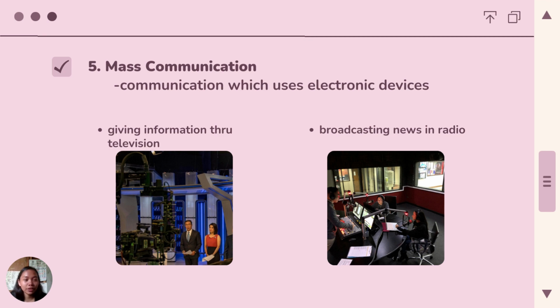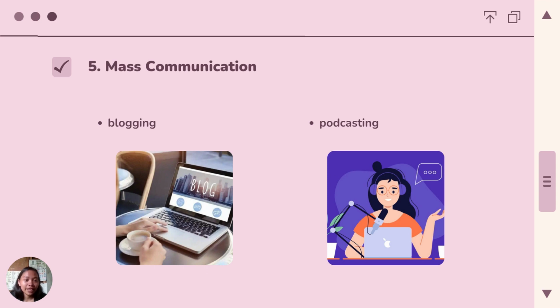You reach the public or the audience through these electronic or media devices. Another is blogging, which we talked about earlier. You publish it on a website and people will see it or read it. There are many people or audiences involved. You write on your laptop or your computer and then you publish it online and people will see it, read it, or review it.